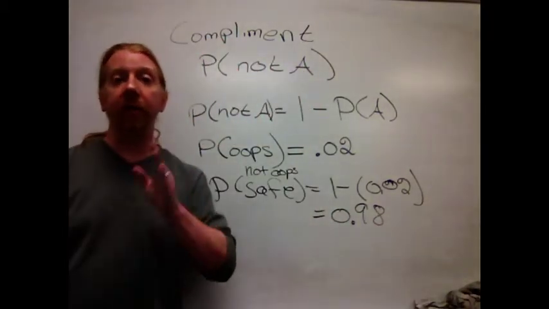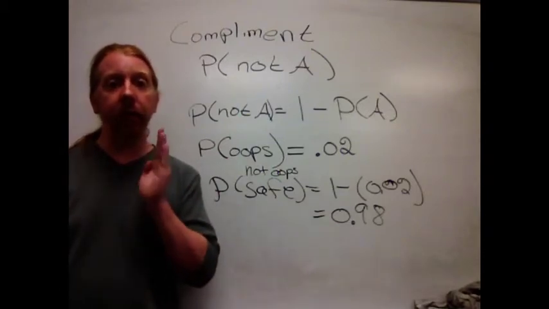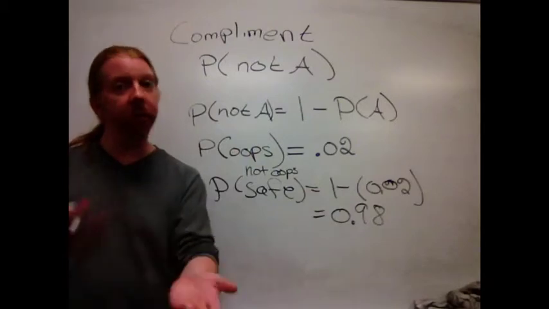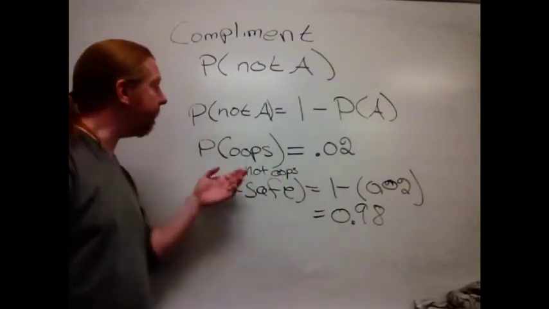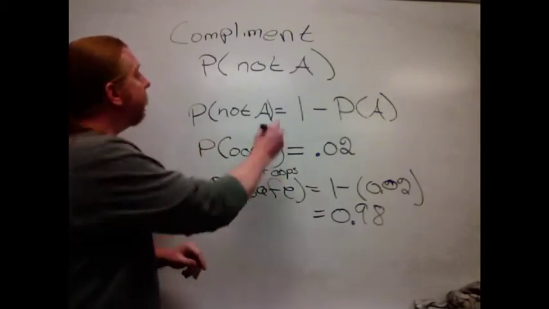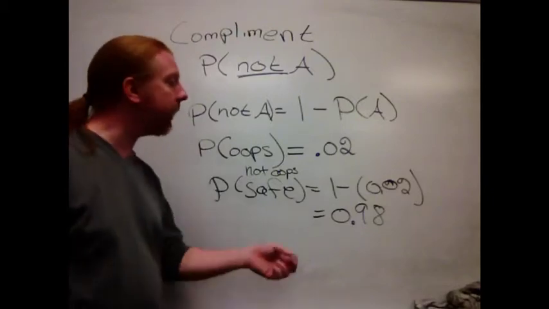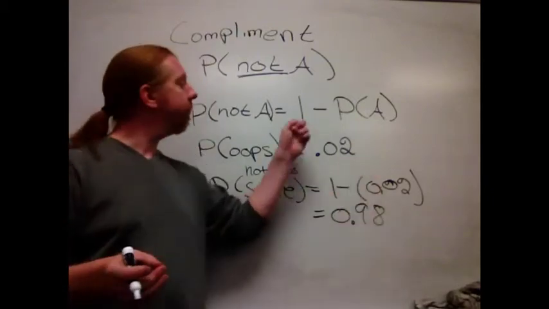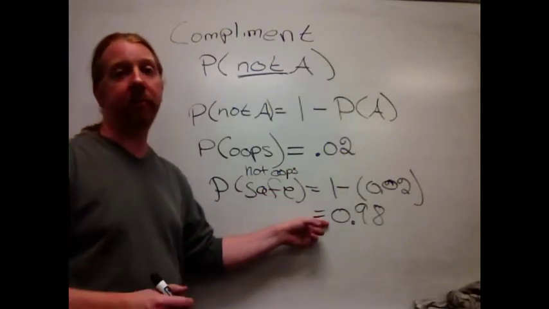The probability of an event happening and it not happening should add to 1, because either it did or it did not. There is no middle ground here. We're not doing fuzzy math. So for every event, there's a complement represented by the word not. And to calculate that probability occurring, we simply subtract the probability of the event we wanted from 1, and that will give us the probability of it not happening.